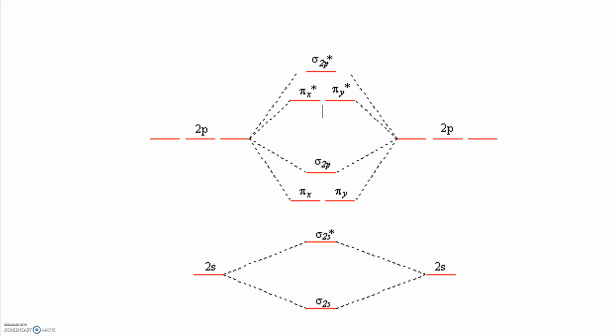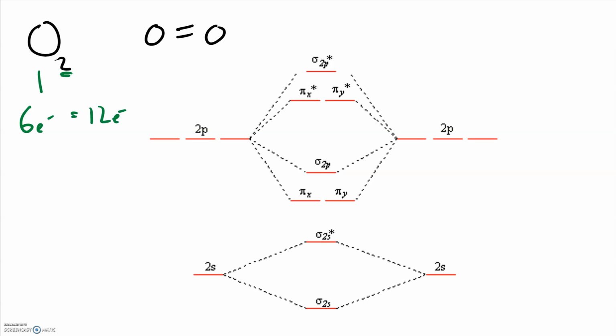This is the energy level diagram for orbitals at energy level 2. It looks weird, just go with it. Let's try this with molecular oxygen, and we've said that oxygen forms double bonds, so it should be a bond order of 2. Let's remember that each oxygen has 6 electrons in the valence, and since there are 2 of them, that means a total of 12.